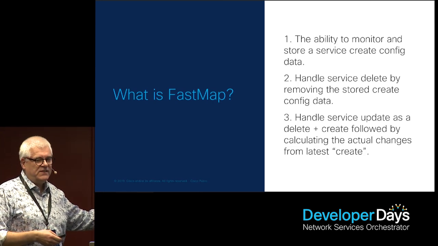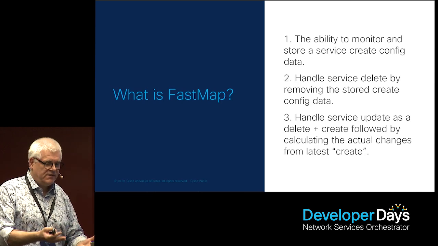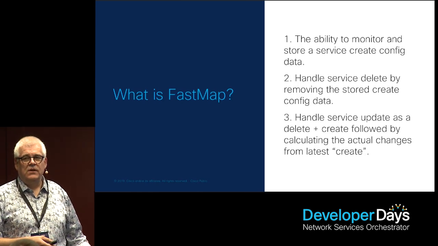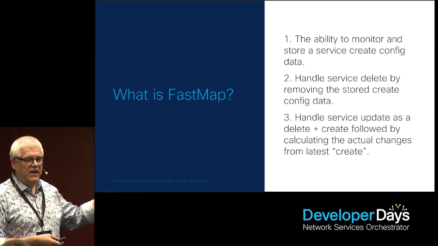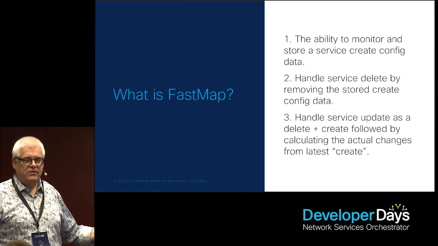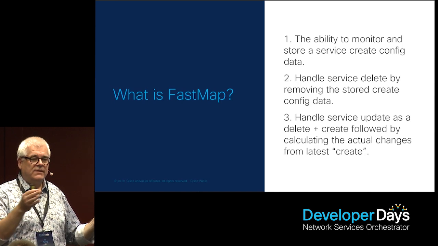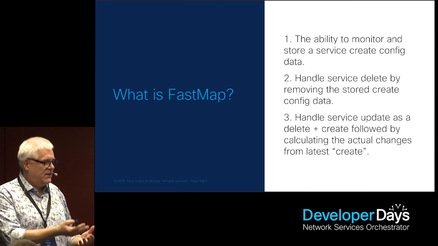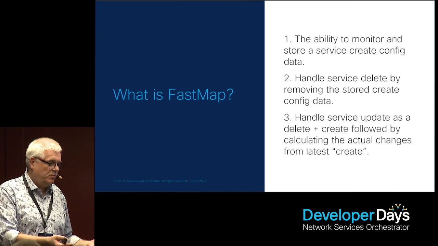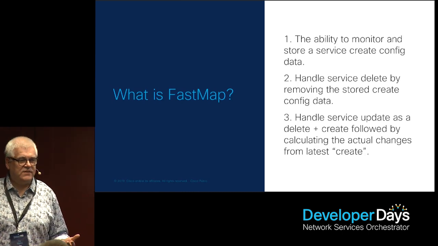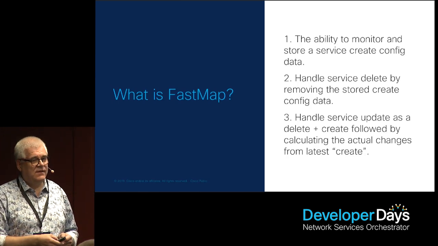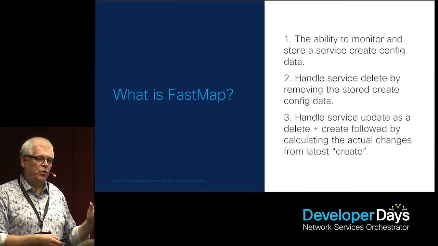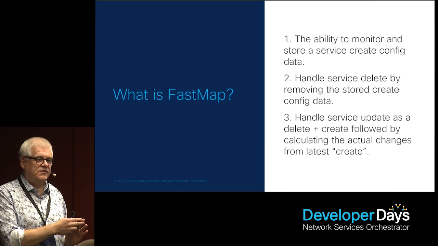When you come to a commit with the service and you have updated some parameters in the service data, you just internally apply the delete, reverse everything that you did before, then do the create, which now looks as if this is the first time, but it has some new parameters and does the thing it should map, and then you apply that.